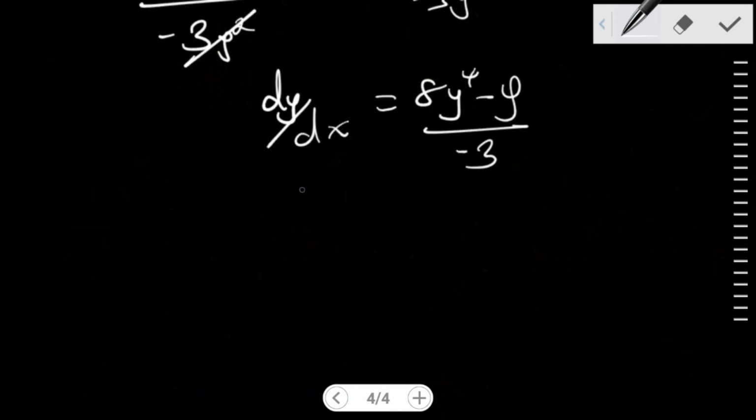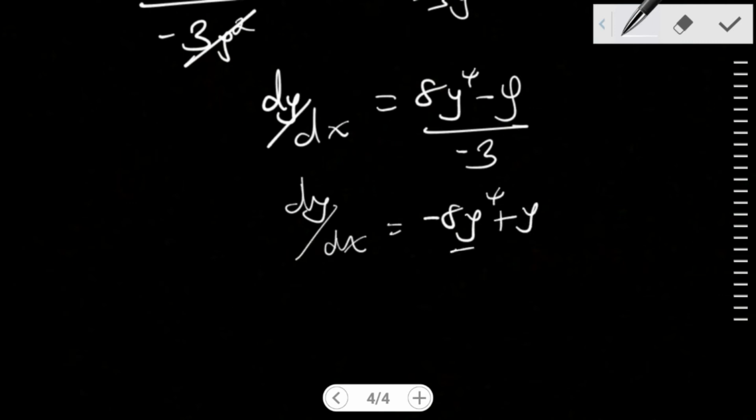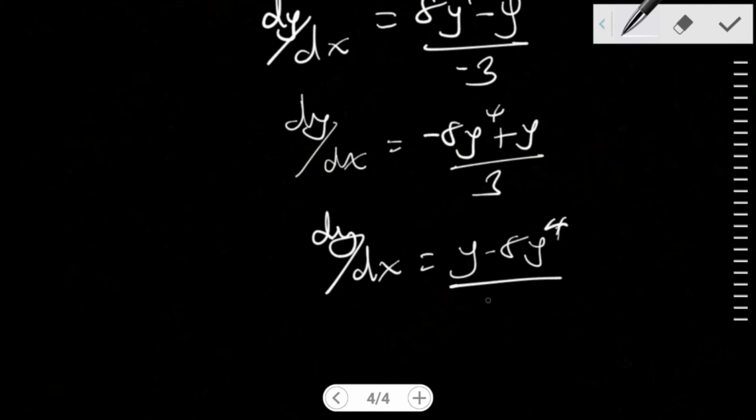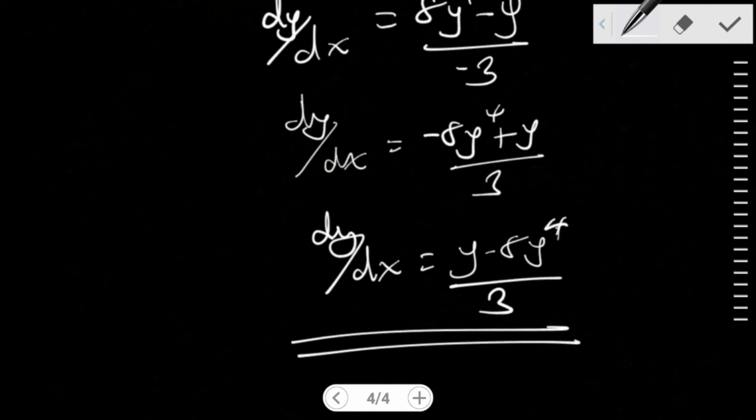So dy/dx would be equal to negative 8y to power 4 plus y all over 3, of which if I arrange this, dy/dx would be equal to y minus 8y to power 4 divided by 3, and therefore this is my derivative.